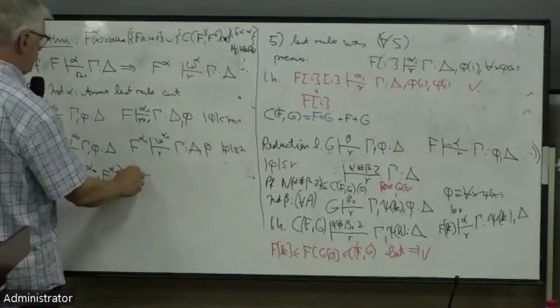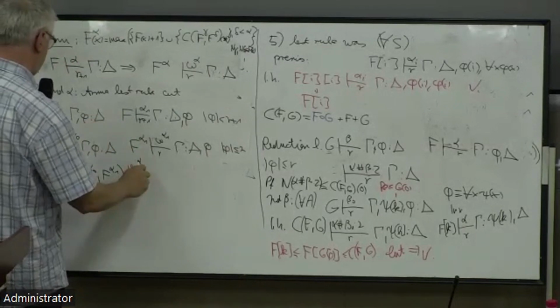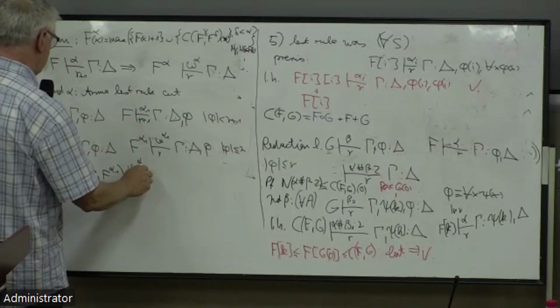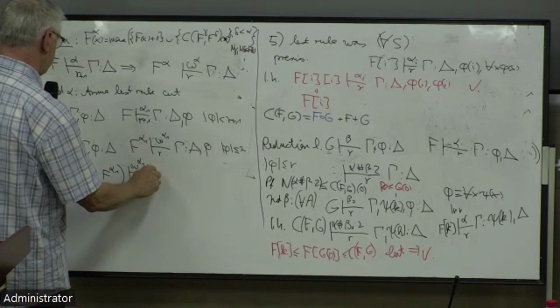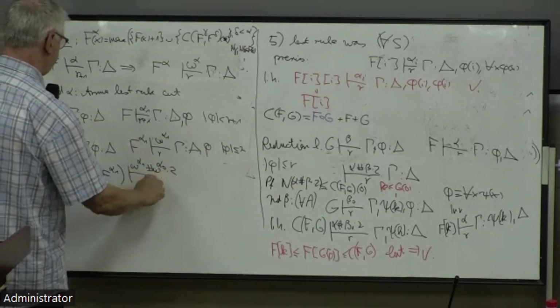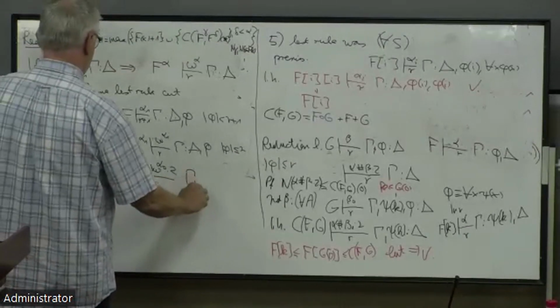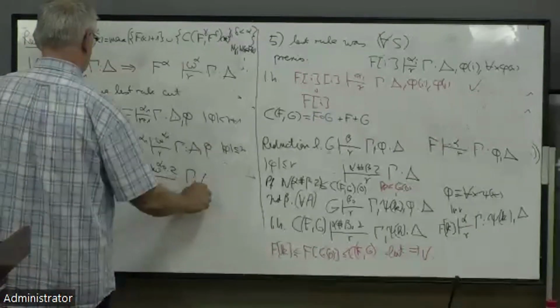So we have here omega to the alpha 1 plus omega to the alpha 0 times 2. Here is r, gamma, delta.